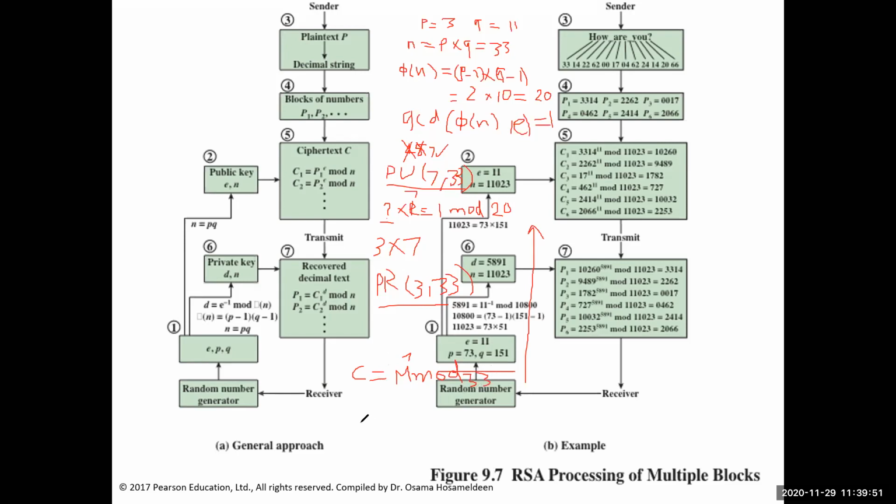Now, if I want to get the plain text back from the encrypted text, the plain text is equal to C to the power of the private key, which is 3 here, mod 33. This way I have the encryption and decryption algorithm.